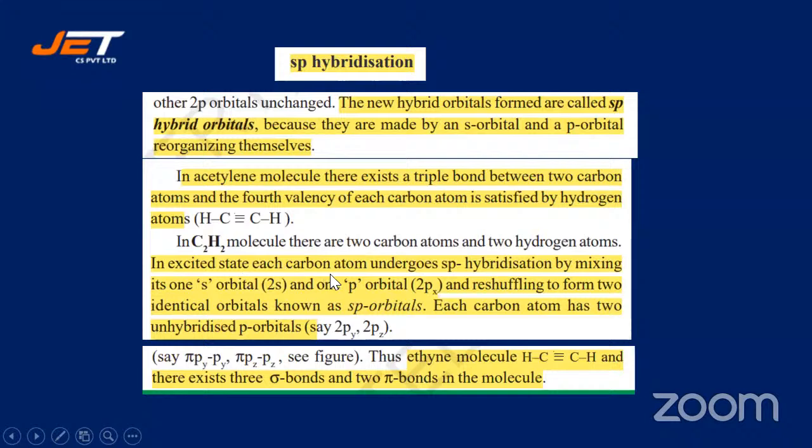In the excited state, each carbon atom undergoes sp hybridization by mixing its one s orbital and one p orbital and reshuffling to form two identical orbitals known as sp orbitals. Each carbon atom has two unhybridized p orbitals, that is 2py and 2pz. In the acetylene molecule, we will have 3 sigma bonds and 2 pi bonds.